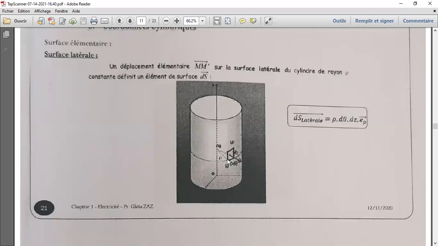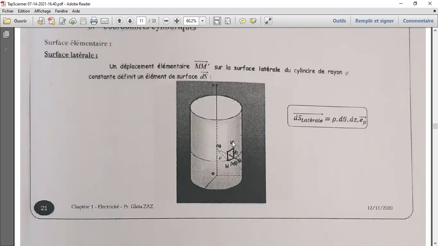When I say rho is constant, the point will never move outside onto the bigger cylinder. It will be moving around the circle, and it can also move up. So it will be moving around the circle, where only d theta is changing and rho is constant, times dz, which gives M prime.